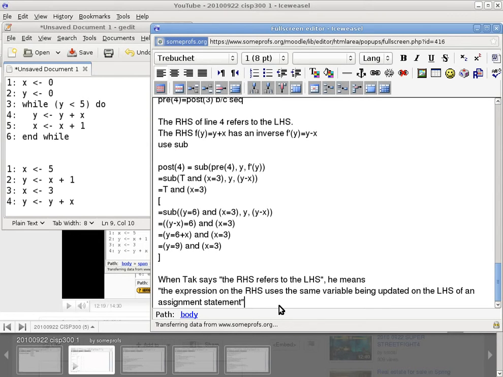Okay, I'm just spelling out what I meant by the right-hand side refers to the left-hand side. Okay, are we good on this one?